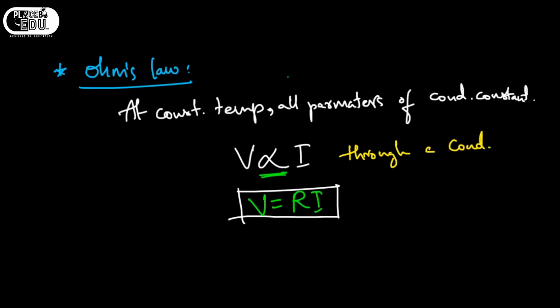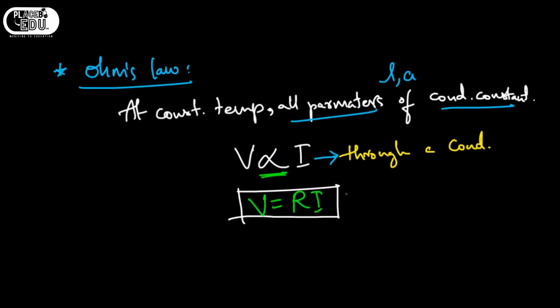Ohm's law states that at constant temperature and all parameters of the conductor should be constant. Parameters of the conductor means length, cross-section area, all such types of parameters should be constant. Then the voltage applied to the conductor will be directly proportional to the current through the conductor. Okay.